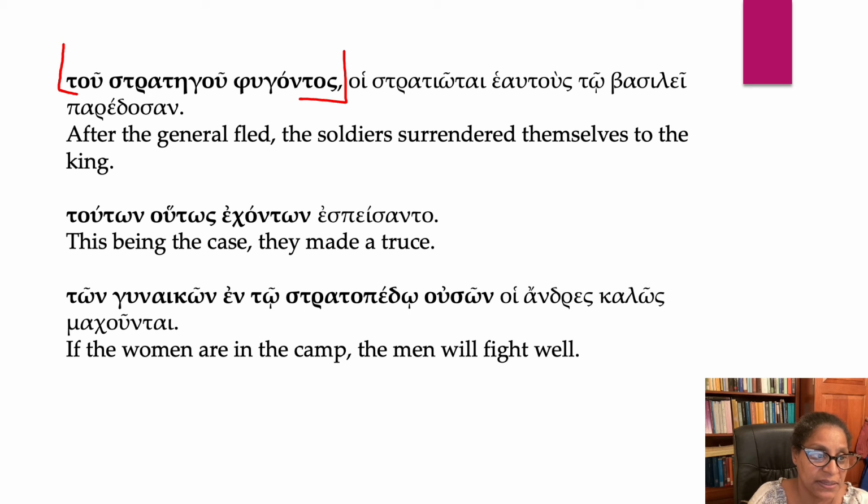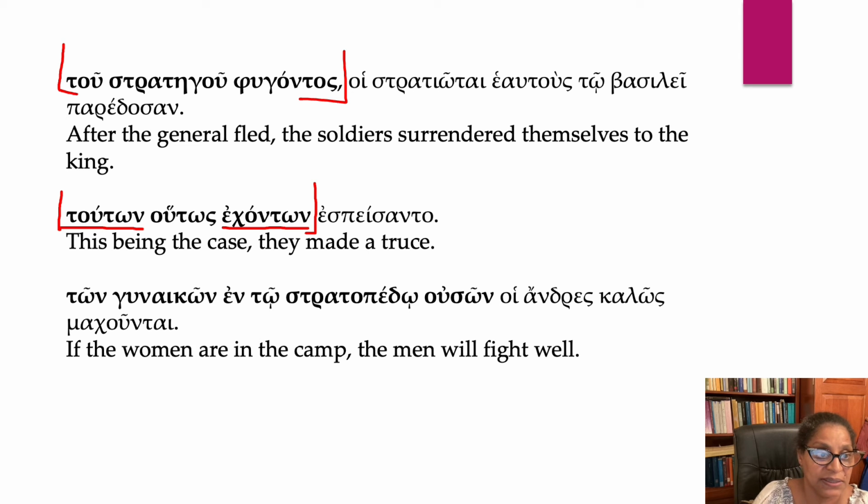Now, next one. Here you're using a demonstrative pronoun in the genitive plus your participle. And that gives you your genitive absolute, right? This being the case, right? Usually echō plus an adverb gives you the same as eimi plus an adjective, right?